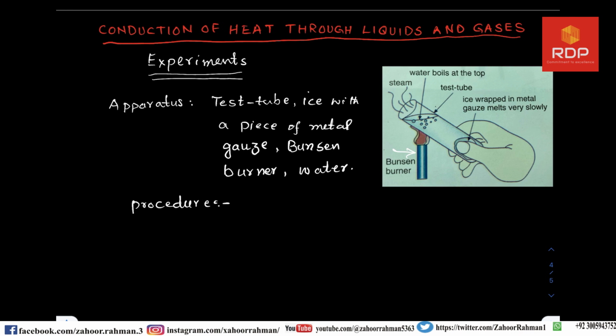First of all, wrap a piece of ice with a piece of metal gauze and place it at the bottom of the test tube. Here you can see the ice wrapped in metal gauze, and that is at the bottom.